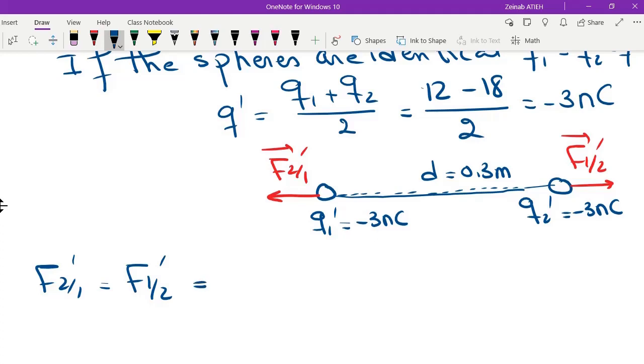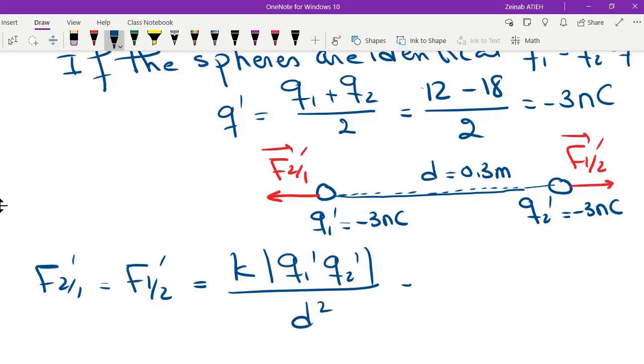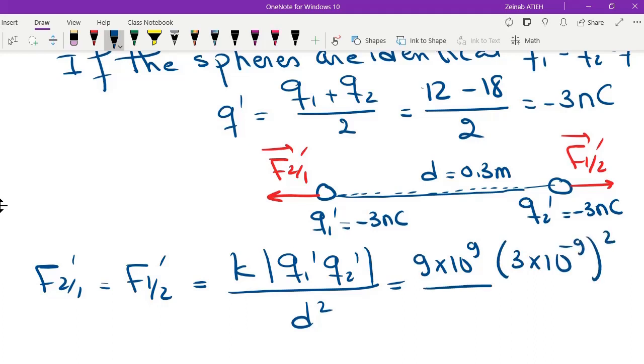It's equal to K absolute Q1 prime Q2 prime. Actually, Q1 prime and Q2 prime are equal because we have identical spheres. It's equal to 9 times 10 to the power 9 times 3 times 10 to the power minus 9 squared over 0.3 squared.